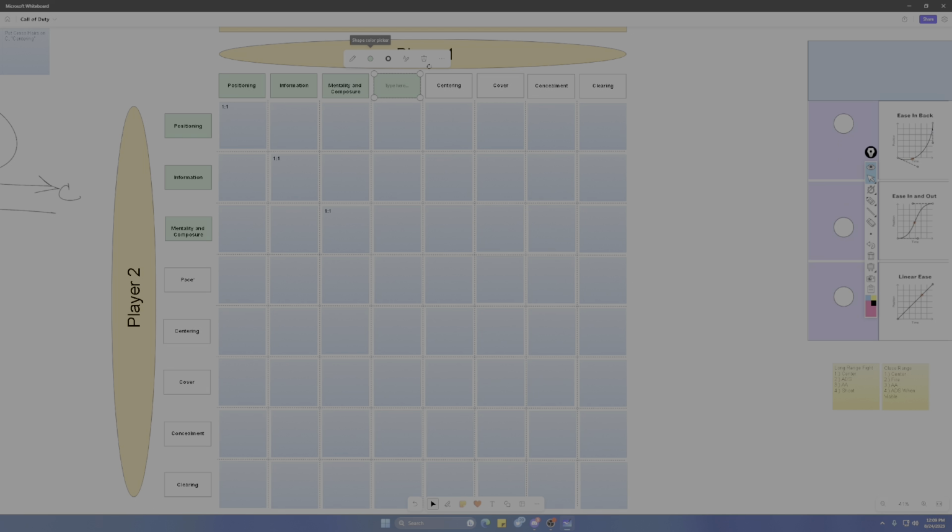And if they outpace player two, then player two is definitely going to lose in this scenario. Because player one is going to be able to get positions on player two faster. He's going to be able to get information on player two faster. He's going to be able to develop and get in the right mindset and have composure faster than player two.